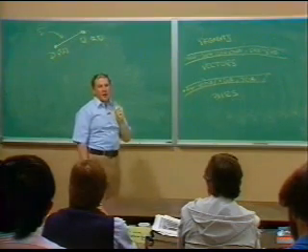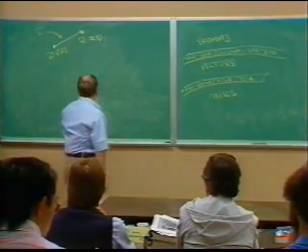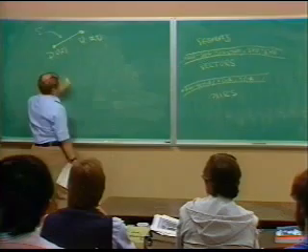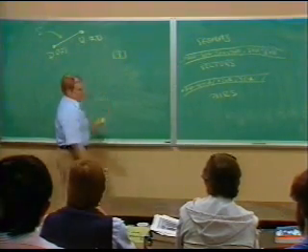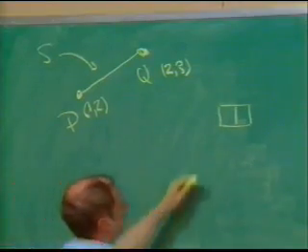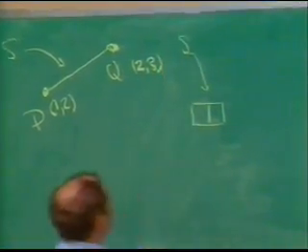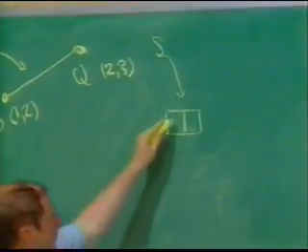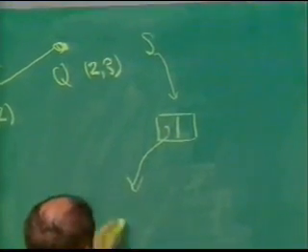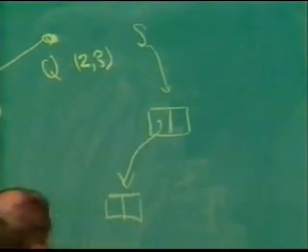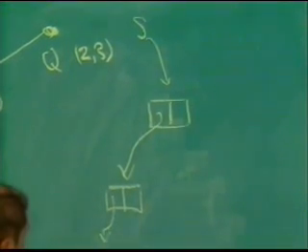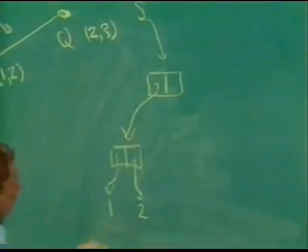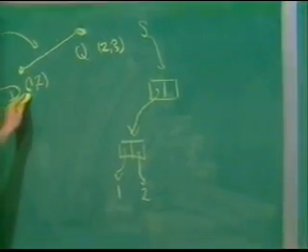If I were going to draw the box and pointers structure for that, given those particular representations that I showed you, I'd say this segment S is a pair, and the first thing in the pair is a vector, and the vector is a pair of numbers. And that's P.